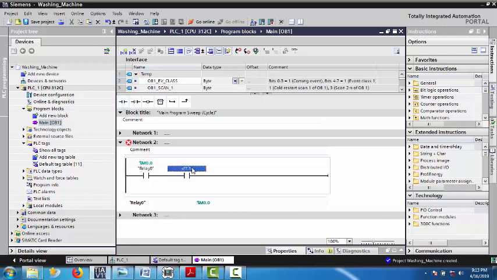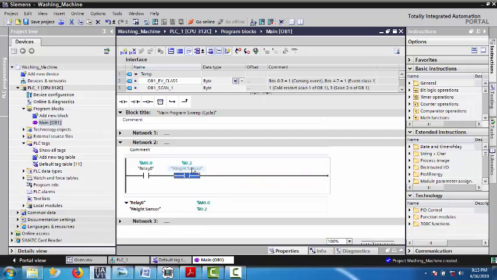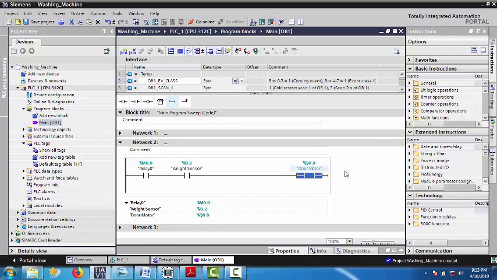So as soon as the weight sensor gets sensitized, the door motor starts operating. The door motor will operate and close the door. But how will we know that the door has actually closed?